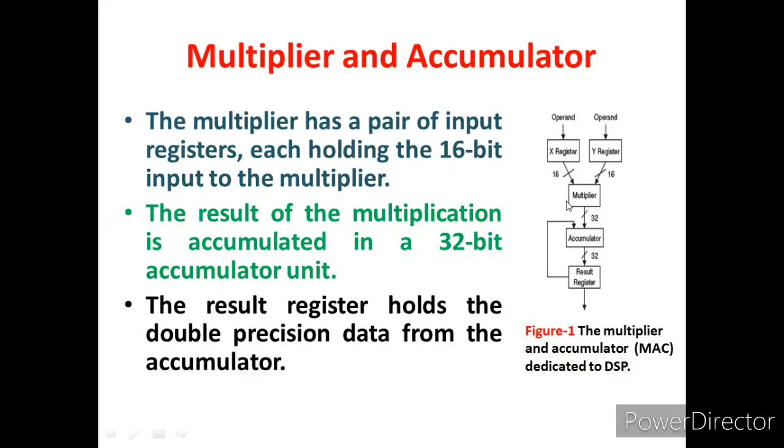The result of a multiplication is accumulated in a 32-bit accumulator unit. So when we multiply two 16-bit numbers, we get a 32-bit result, which is stored in the accumulator, and from there the result is stored in the result register. The result register holds the double precision data from the accumulator. This figure shows how the MAC performs the simple multiplication and accumulation operation.